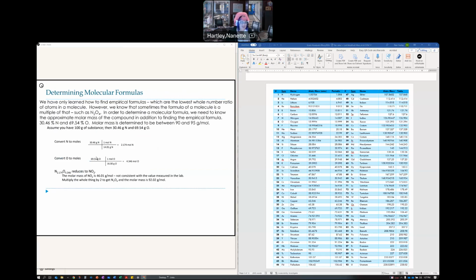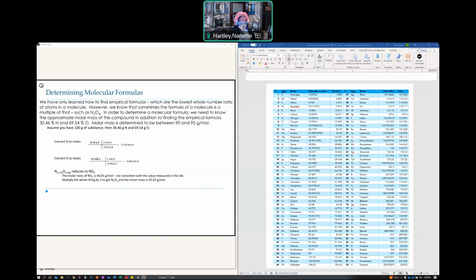But I can take and multiply that formula by 2 to get N2O4. And if I do that, that molar mass goes from 46.01 to 92.02, which is then consistent. It's between 90 and 95, and therefore my molecular formula is N2O4, and the molecular weight is 92.02.